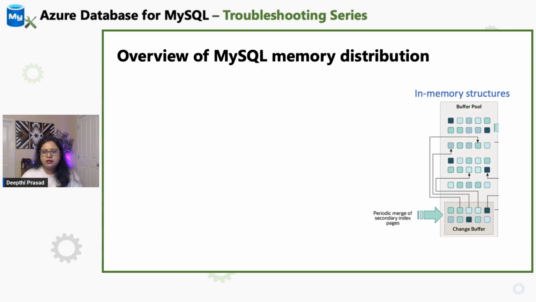So let's get started with a quick overview of how MySQL uses memory and what exactly the memory consists of. Azure DB for MySQL supports the InnoDB storage engine, which is the most extensively used storage engine for MySQL today.